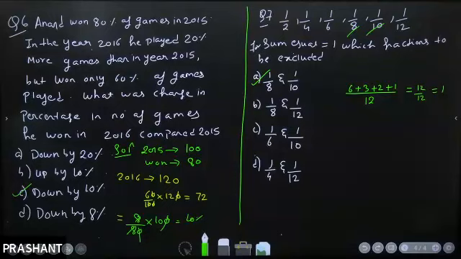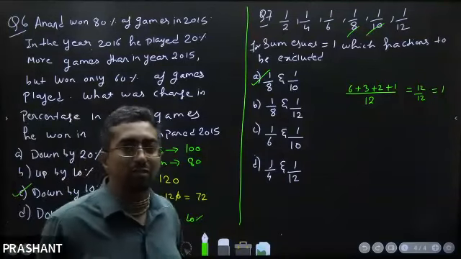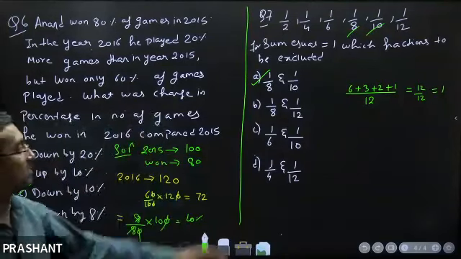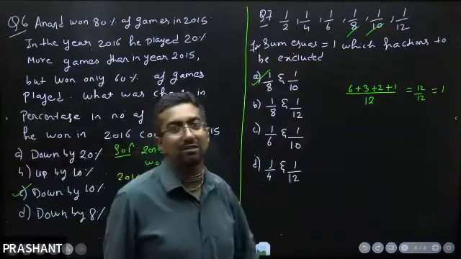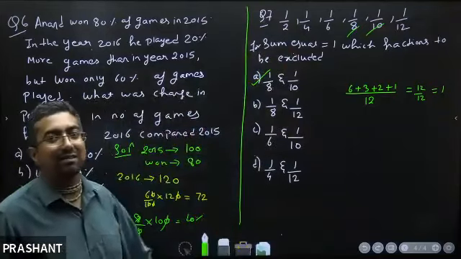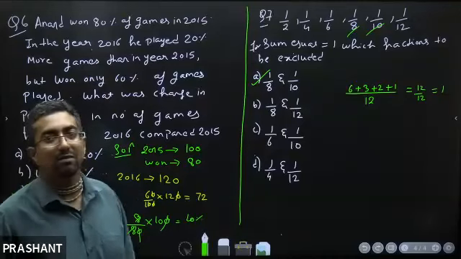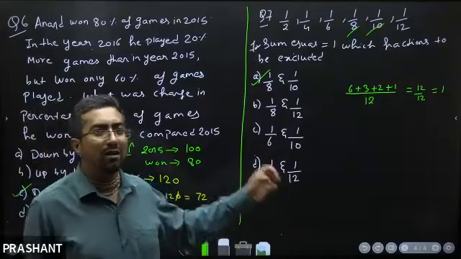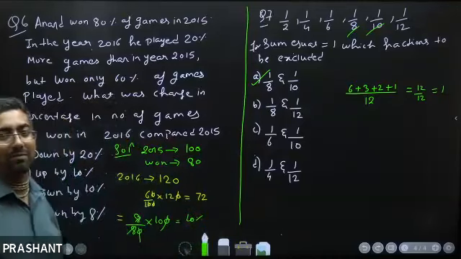Trial and error method in some questions could take time, so we can directly solve it also. Yes, correct. So sir, in the exam, should we use the solving method? Because with trial and error, suppose it was the last option, it could take a lot of time. We cannot apply the rule for every question. In some questions trial and error works, like this question where we tried the first option and got the answer. Here we can do trial and error quickly if we are good at taking LCM and adding up the sum, but it depends on the question type.